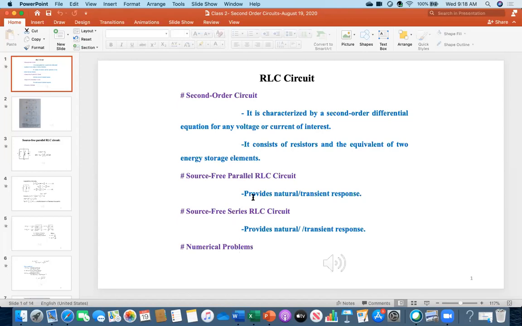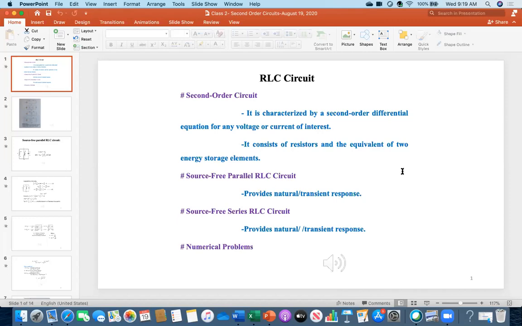Now, why are we looking at the source-free parallel and source-free series circuits? Because they provide the natural or transient response. Probably in your DC circuit analysis course, you have studied RL or RC transient circuits. And you noticed that there were two responses.